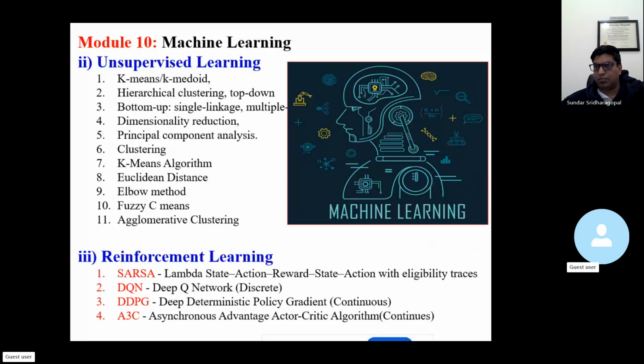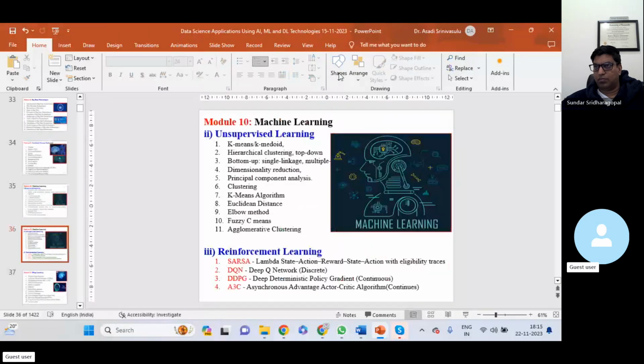Then DQN, Deep Q Network, is a discrete reinforcement learning technique. Then DDPG, Deep Deterministic Policy Gradient, is a continuous algorithm. Then A3C, asynchronous advantage actor critic algorithm, we are using. So various techniques we are using under reinforcement learning.